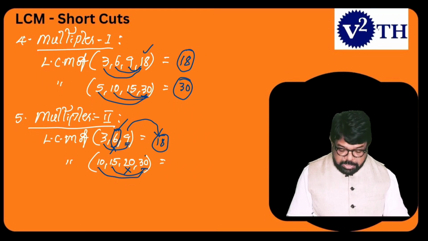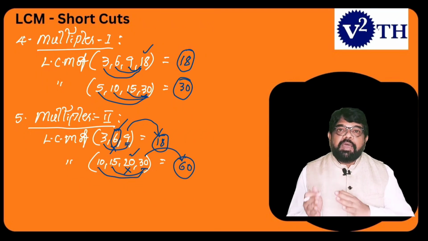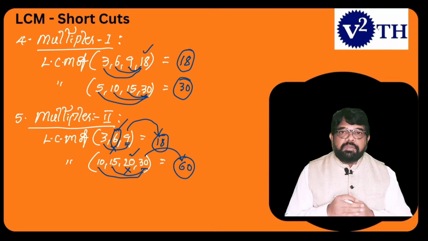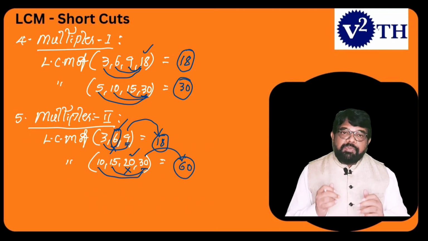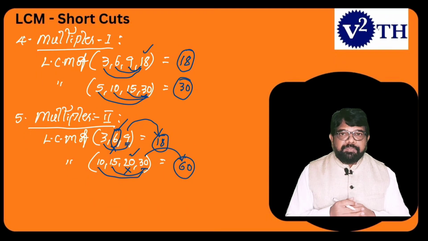In that case, again take the multiple of the larger number. That multiple must be divisible by 20. 30 into 2 is 60, and 60 is divisible by 20. So 60 is divisible by 10, 15, 20, and 30. So 60 is the LCM.